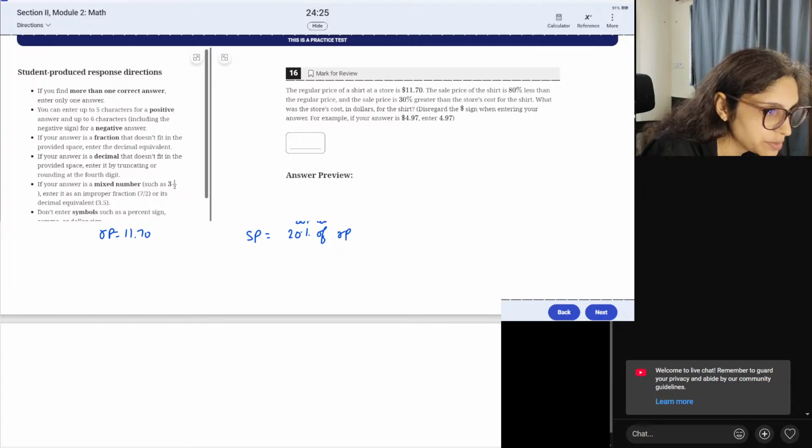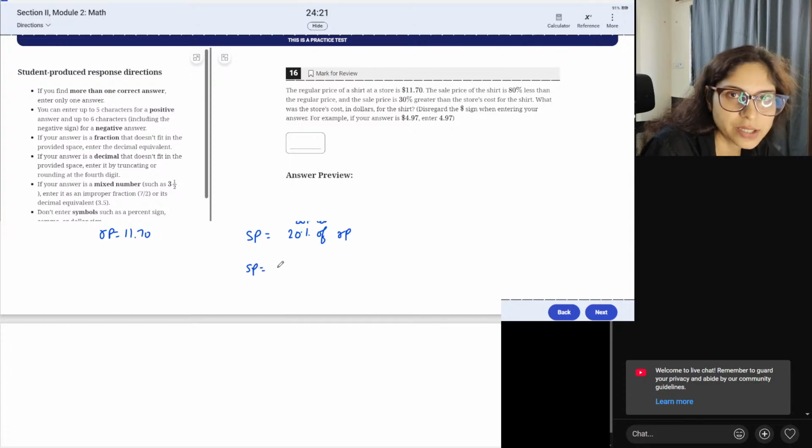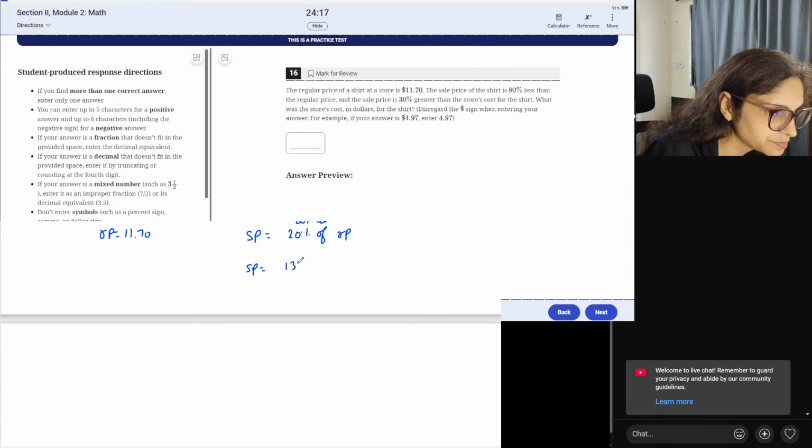And sale price is also 30% greater than the store's cost. 30% greater means 130% because 100 plus 30 is 130 of cost price. You have to find what is the cost for the shirt.